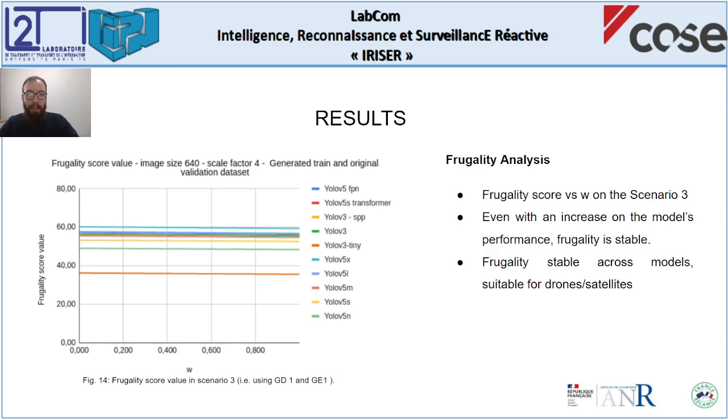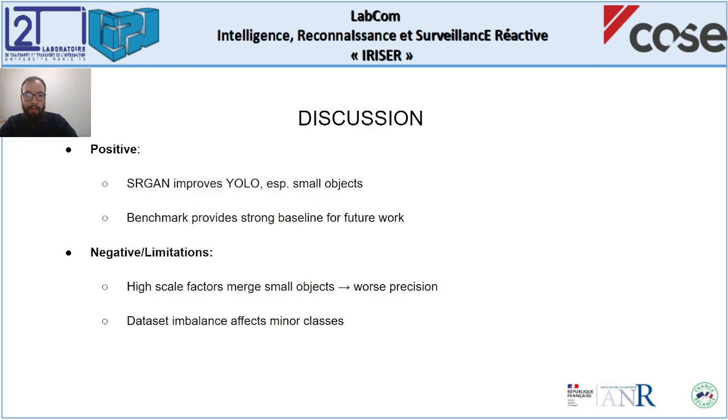When analyzing the results of the frugality, we observe that for different scenarios the frugality is stable for different challenges or different types of simulated hardware. So it's stable even with the increase of the performance of our models.